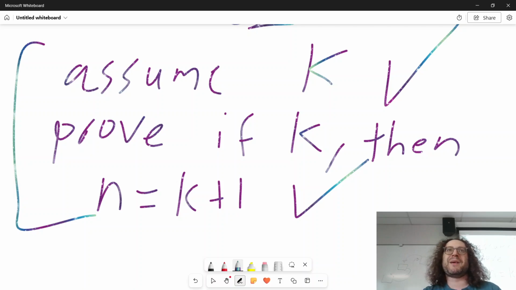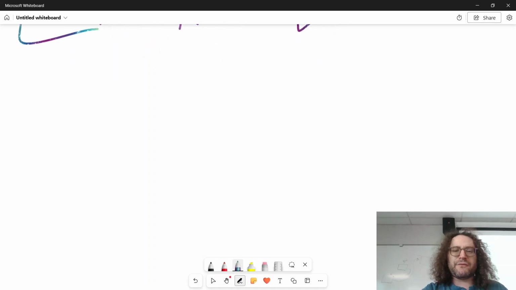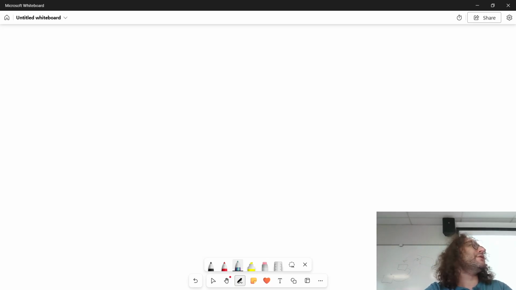Basically saying it worked for a base case, and then we generalize it out saying, hey, if we assume that this case is true, then for the next case it's going to work. What that involves is basically rewriting the equation so that we replace all the n's with k plus 1, and then proving it.